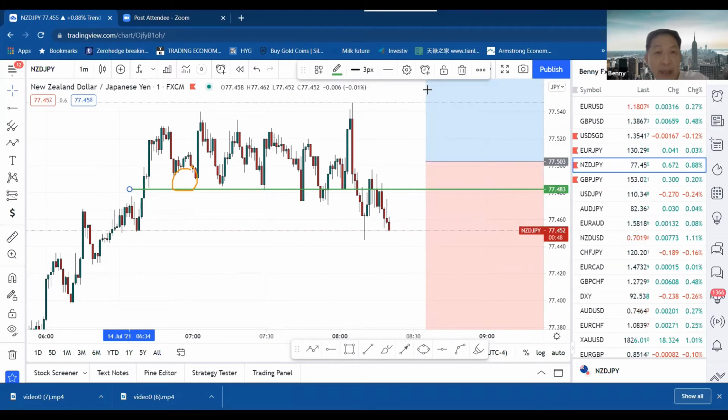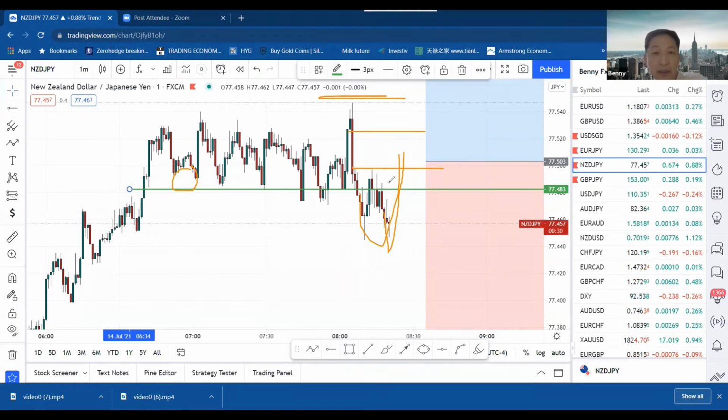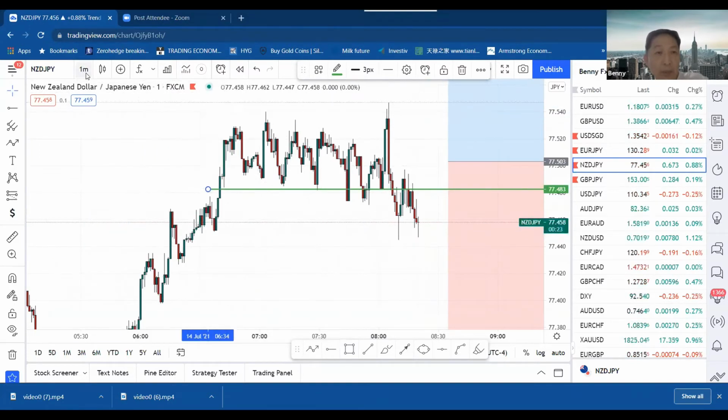Now, one thing that I am concerned about is this gap. This gap is not filled yet, right? So we might see the price come down, and might come back to fill the gap. So my stop loss has to be here. Okay, because we do not know whether price will come back. I don't know, right? Okay, so that is a trade there. Is it clear? So now where are we going to take profit?